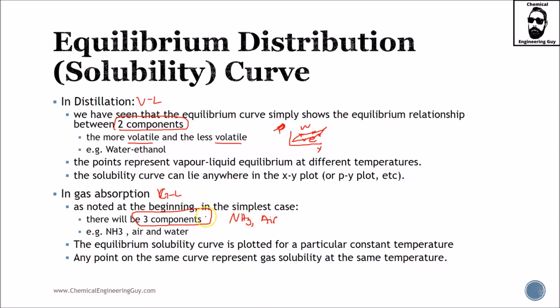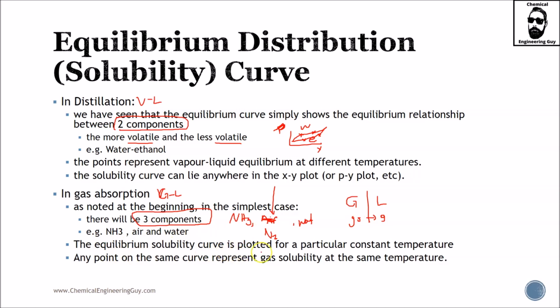Well, technically air is not a component, it's a mixture, but let's assume this is okay. Or for simplicity, let's assume this is just nitrogen. The gas phase and water. So by definition, you should have at least 3, because you should have a gas, which is acting as a solvent, a liquid, which is acting as a solvent, and a smaller gas, which is acting as a solute, and a smaller gas, or the same gas, that goes into the liquid phase.